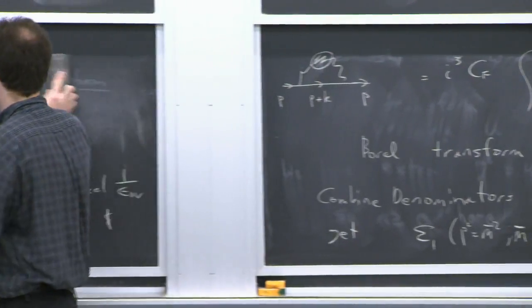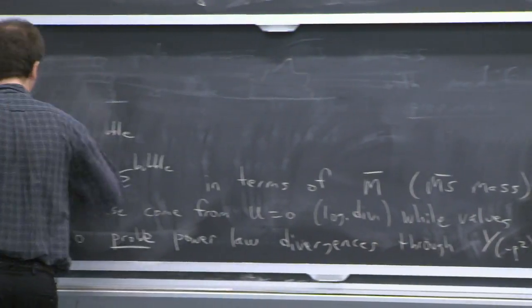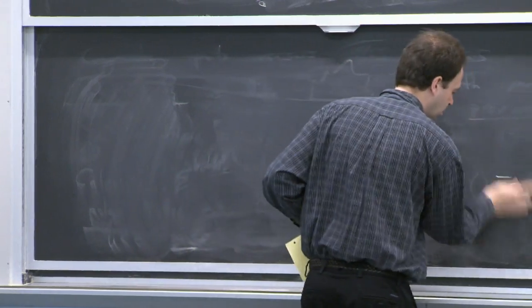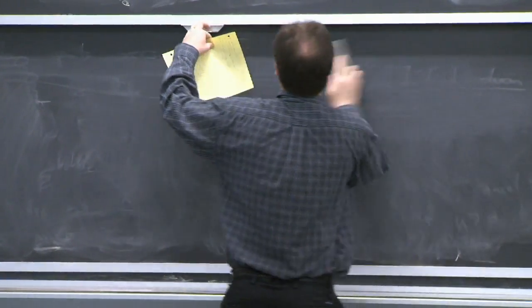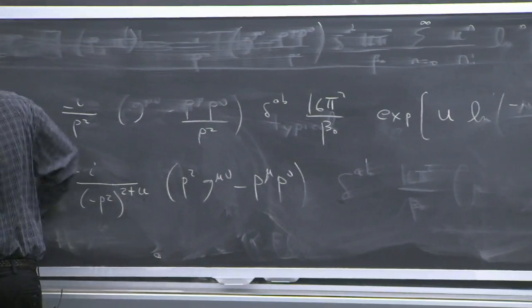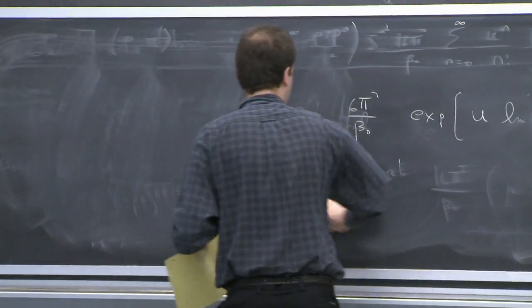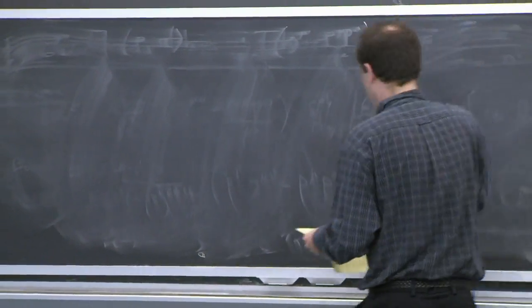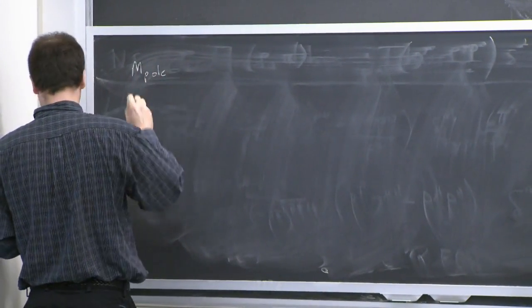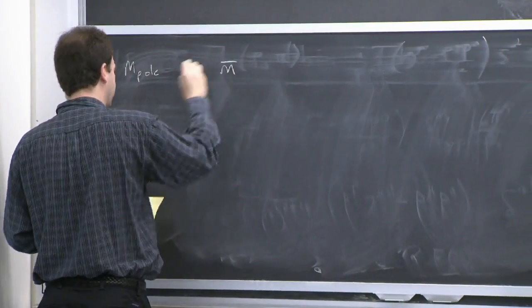And then from that, you can construct the relation between the pole mass and the MS-bar mass. And it might not surprise you, having done some one-loop calculations, that you're getting some gamma functions.